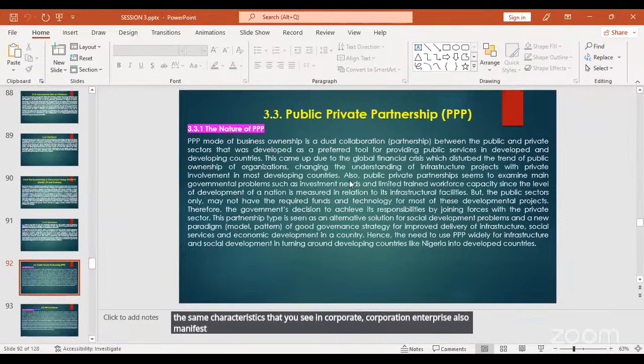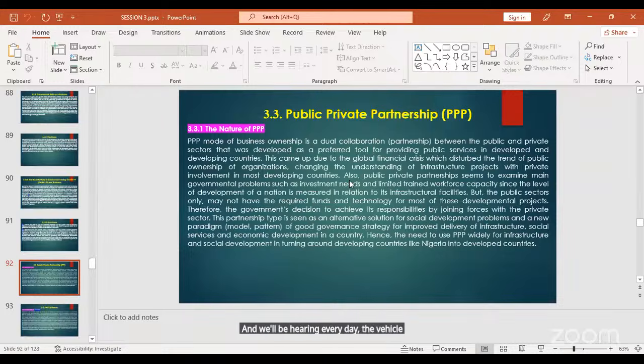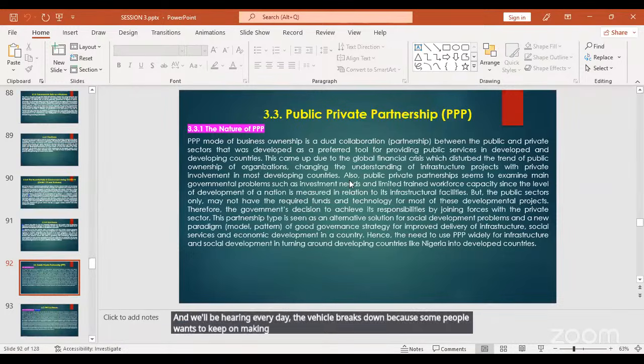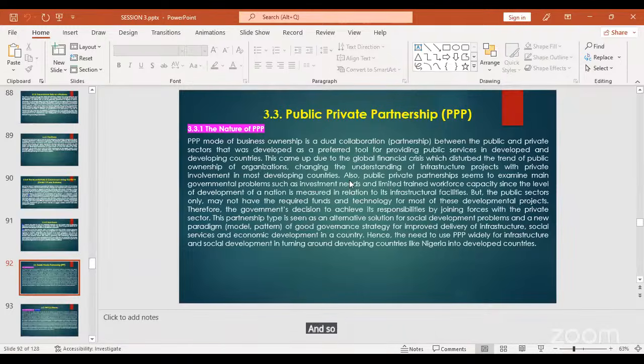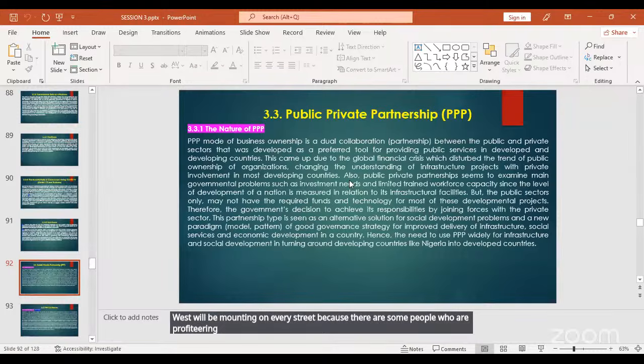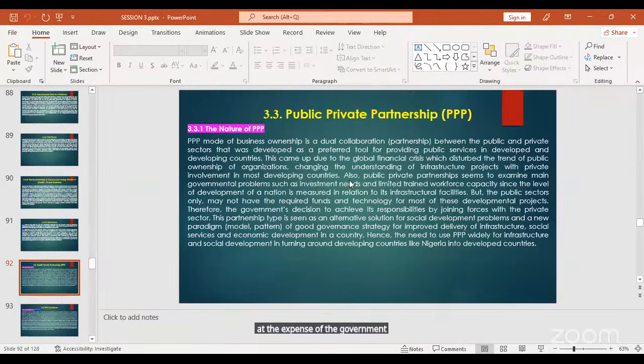You will find a situation whereby they will buy a vehicle today, and some individuals will keep on removing parts from it. And we'll be hearing every day the vehicle breaks down because some people want to keep on making money from the broken-down vehicle every day. And so you now see that waste will be mounting on every street because there are some people who are profiteering at the expense of the government and the masses.